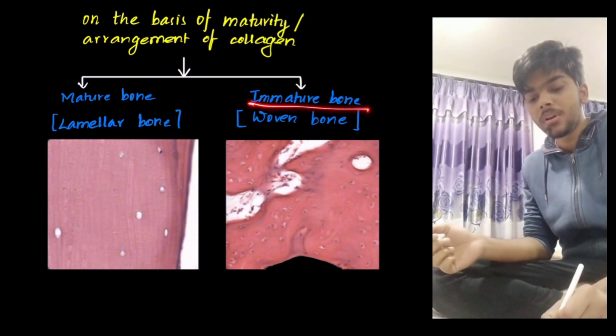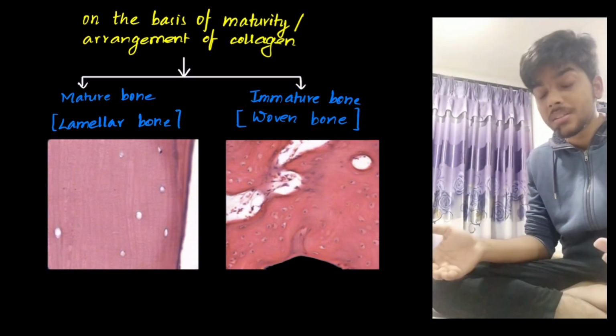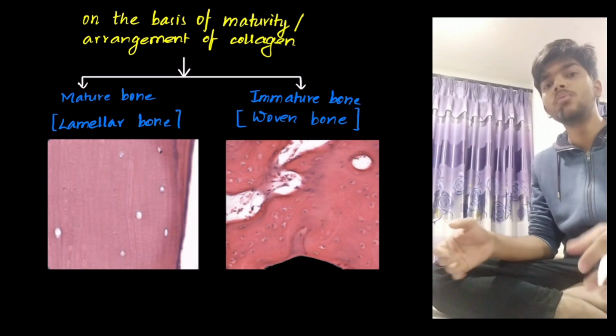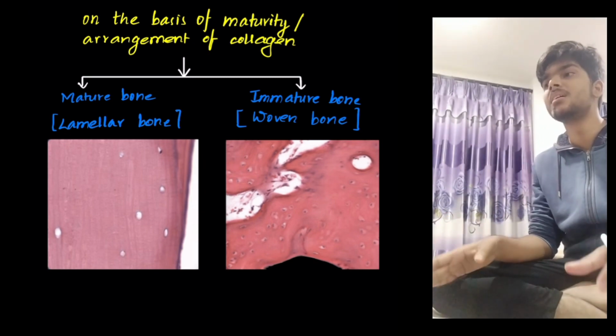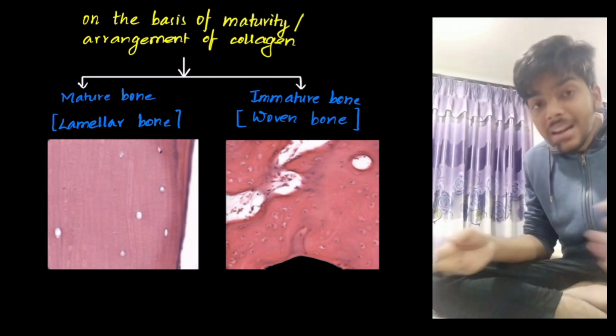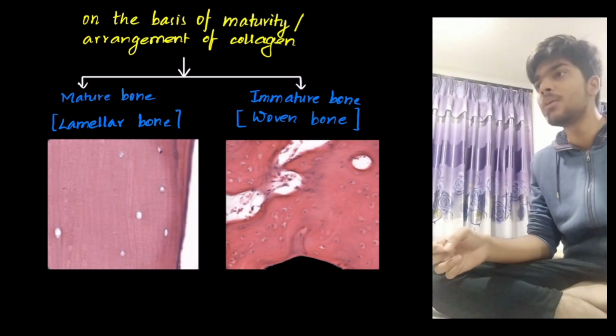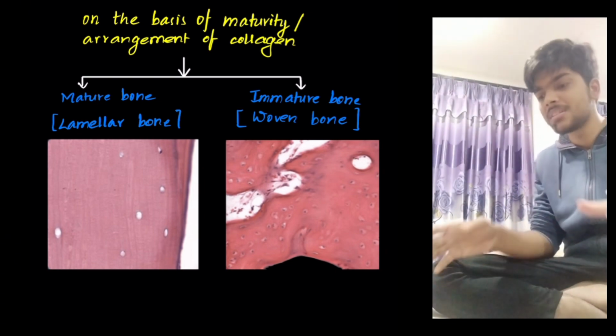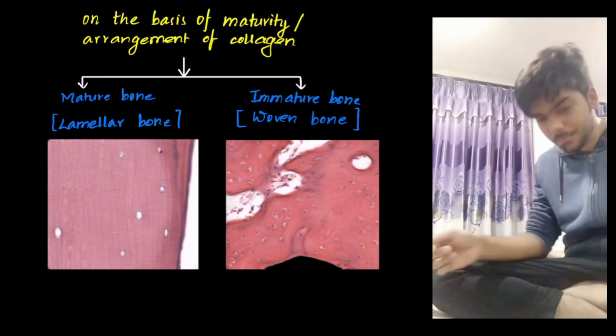Similarly, immature bone is called woven bone because the collagen fibers found in bundles are arranged in a randomized fashion. There is no regular arrangement of collagen fibers, they are completely randomly arranged.